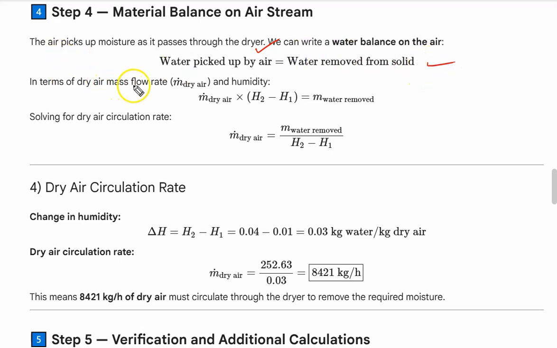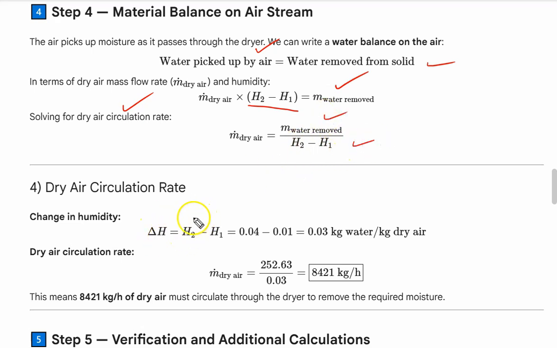In terms of dry air mass flow rate, m dry air, and humidity, we can write m dry air into (H2 minus H1) is equal to m water removed, because of that humidity change. Solving for dry air circulation rate, m dry air is equal to m water removed divided by (H2 minus H1).